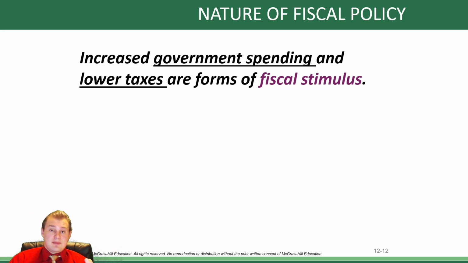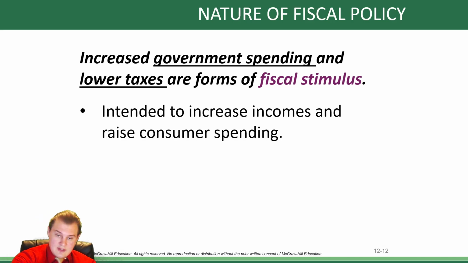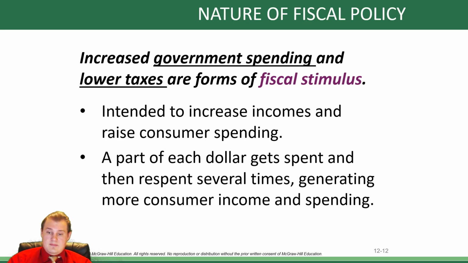Consumers were 70%. Okay. Consumption. And so if I lower taxes, that means they have more disposable income. They can then go ahead and spend that money, and that can also increase AD. Okay, so both those can increase AD. Intended to increase incomes and raise consumer spending. As they say in this, part of each dollar gets spent, and then the main thing, we're going to look at this later, respent.